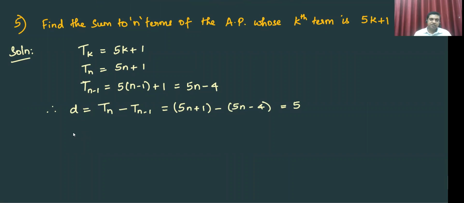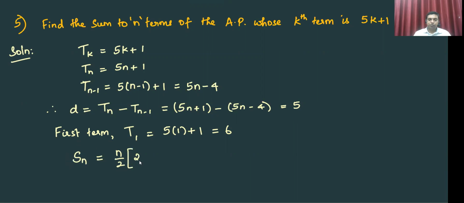What is the first term? Put n equal to 1. T1 is 5 into 1 plus 1. So 6. First term is 6. Common difference is 5. So sum to n terms, Sn, will be n by 2 into 2a plus n minus 1 times d.